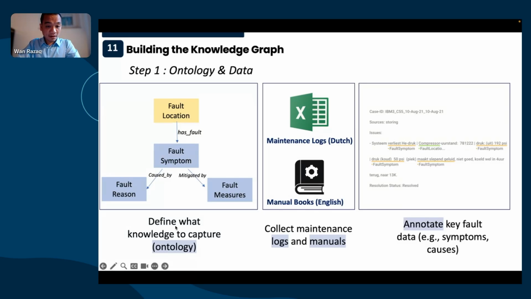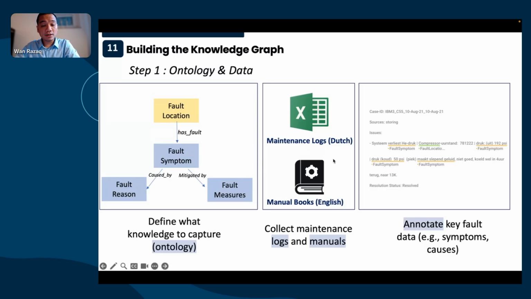And from those fault symptoms, there are labels for fault reason, which is why such a fault is occurring, and also the measures, which are the solutions. And then these labels are connected with relations such as has faults, caused by, and mitigated by. So this is the ontology, or the schema, that we used for developing the knowledge graph.